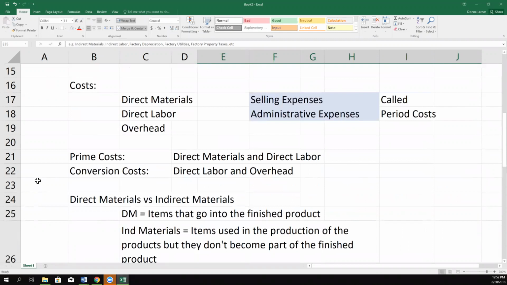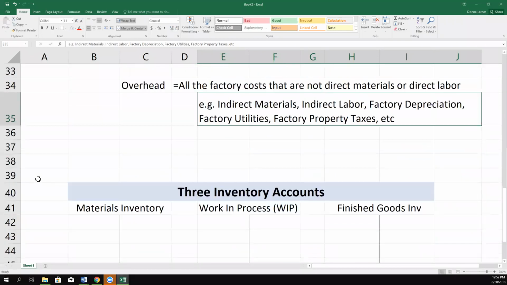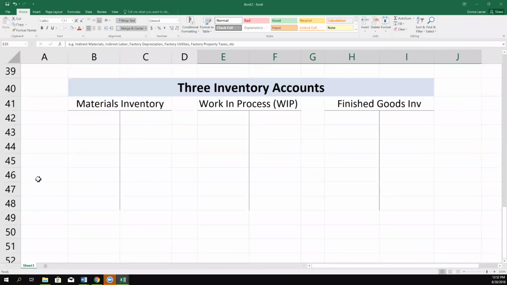Where we're going to go next is looking at how the accounts are different. When you made a change from service businesses to merchandise businesses, you learned that merchandise businesses have an inventory account. They have a new asset that you hadn't seen before. Because the service businesses didn't sell a product, so they didn't have an inventory of products.